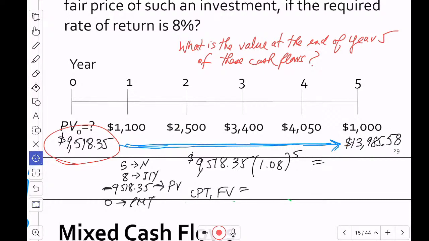Now that I've written it down, it makes sense, I think, that I could either calculate the future value or the present value. They should be on the same timeline. I mean, they're related to each other.